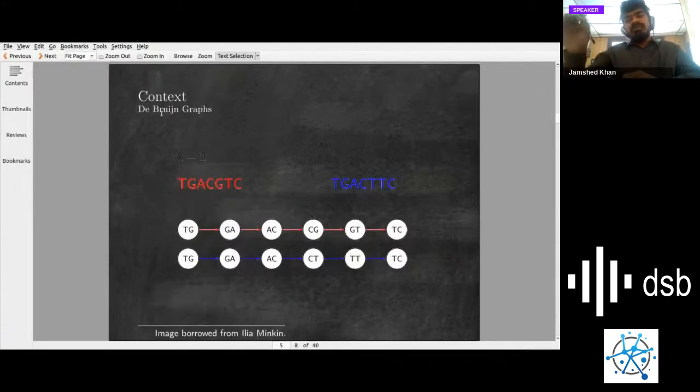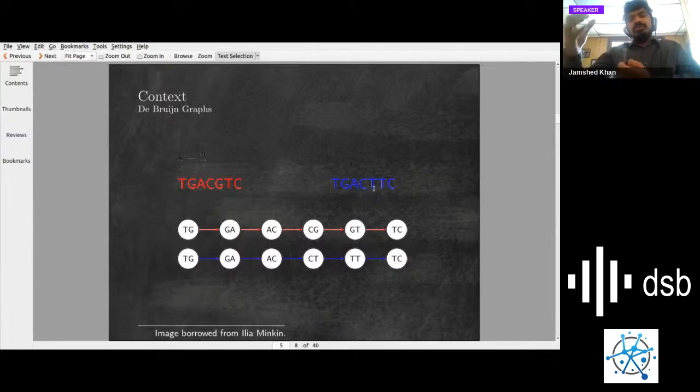So to give a very brief refresher on de Bruijn graphs, consider these two references, this red reference here and this blue reference here. The graph at the top is a de Bruijn graph for the red reference using k equals 2, that is, we are using 2-mers as the nodes, and the graph at the bottom is a de Bruijn graph for the blue reference.